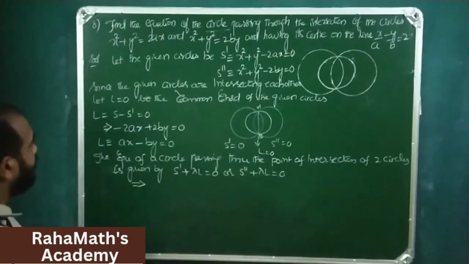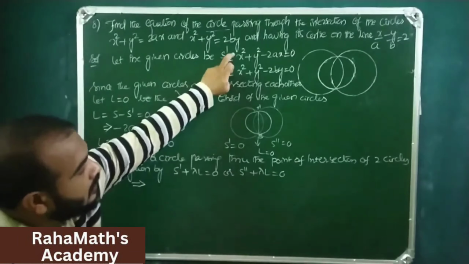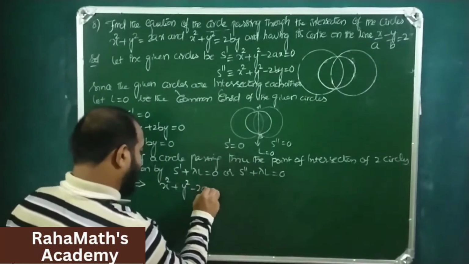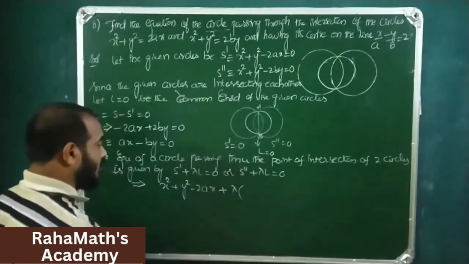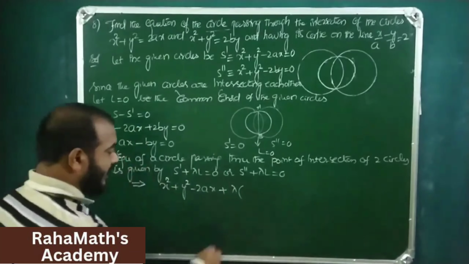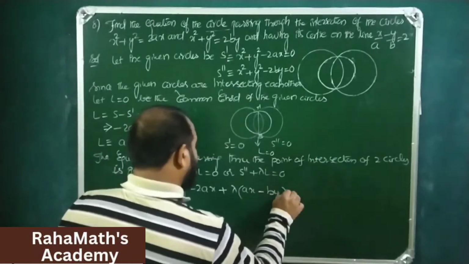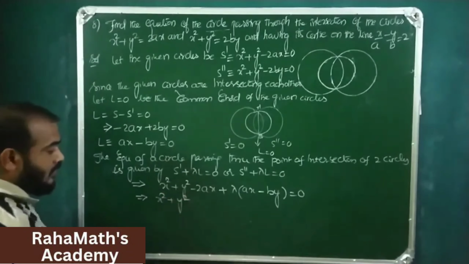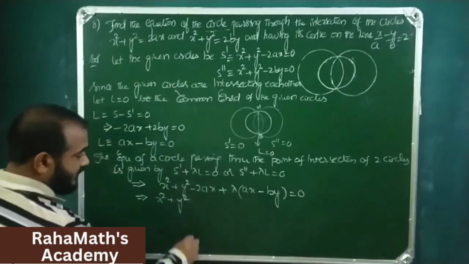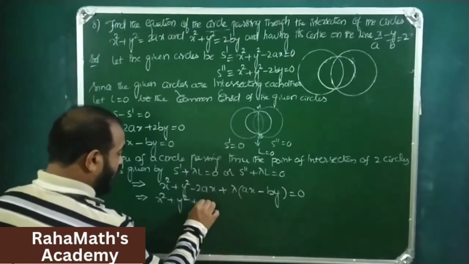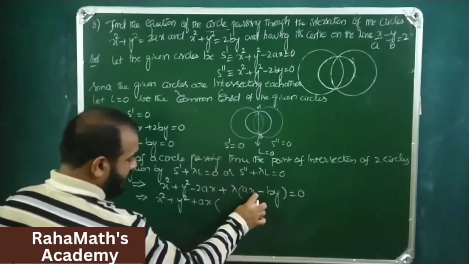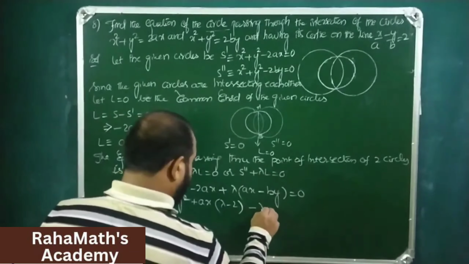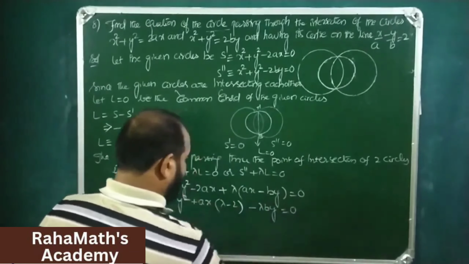What is S dash here? S dash is x square plus y square minus 2ax, plus lambda into the value of L, which is ax minus by, equals 0. This implies x square plus y square minus 2ax plus lambda ax, taking ax in common, lambda minus 2, minus lambda by equals 0.